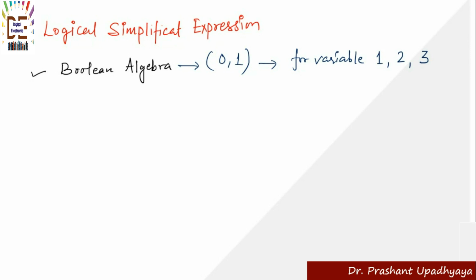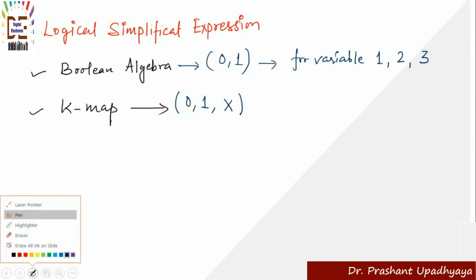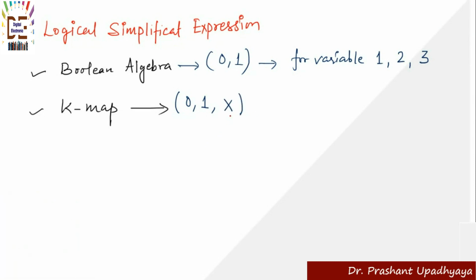Apart from Boolean algebra, we have another thing known as the K-map. In this, apart from 0 and 1, one more thing comes into the picture, which is known as the don't care. We use a cross symbol as a don't care.